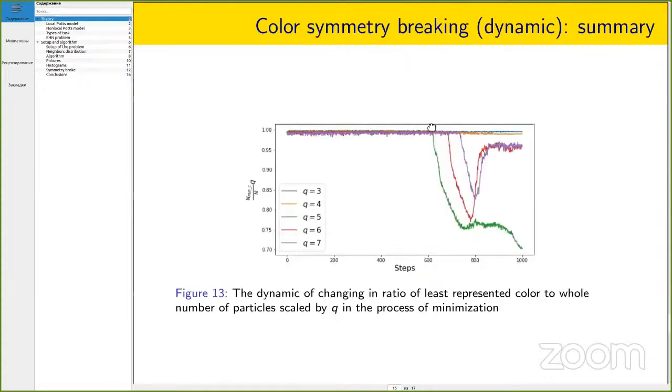And this is a summary picture, and we can see that for a smaller number of colors, the effect occurs earlier. This is for 5, 6, and 7. It tries to restore for 6 and 7 colors, but for 5 it does not.